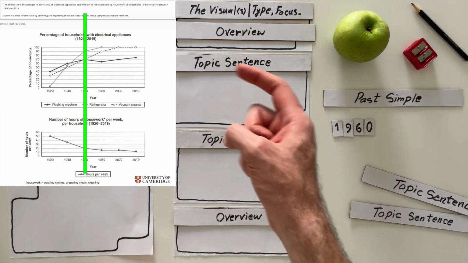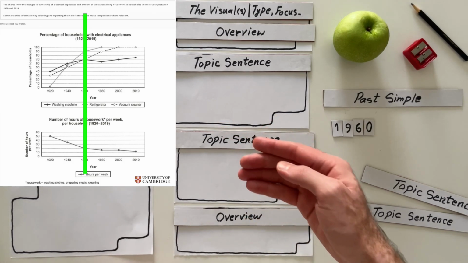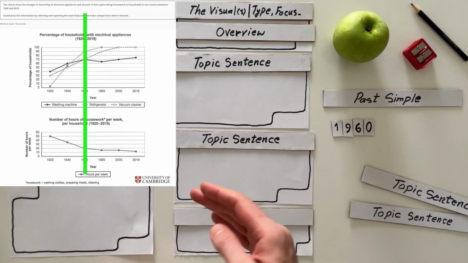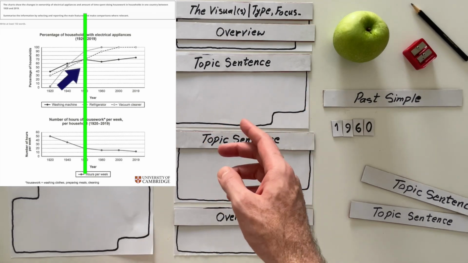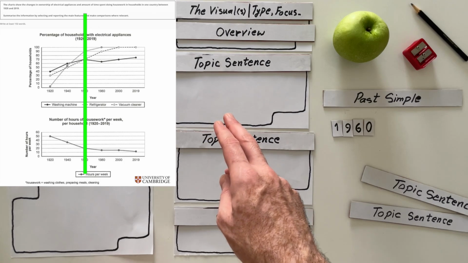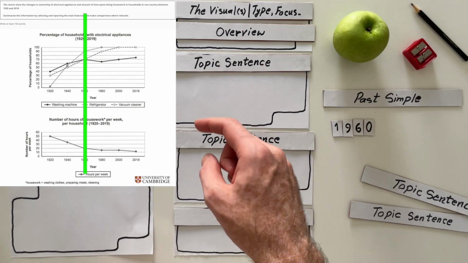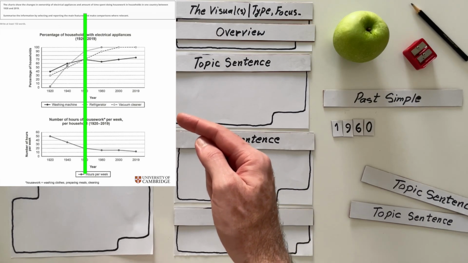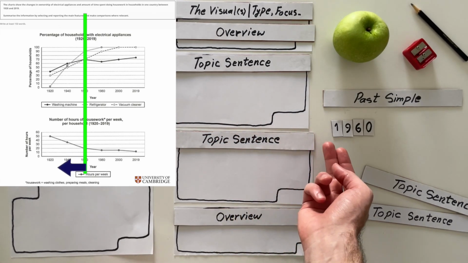For the first chart, before 1960, everything was on the rise, and you can compare them with each other, all the appliances. And you can see that we had a steep decline in the second chart. That's all before 1960.